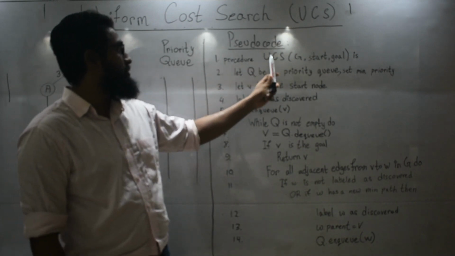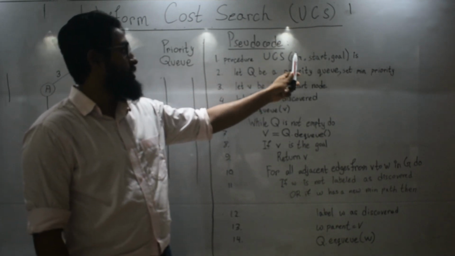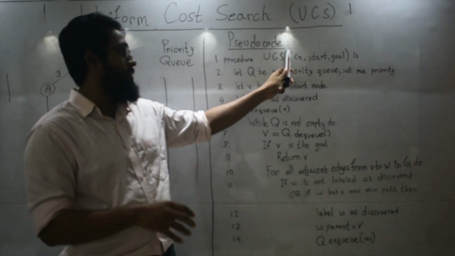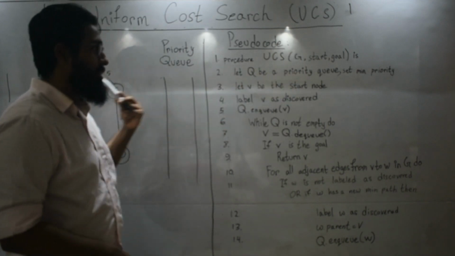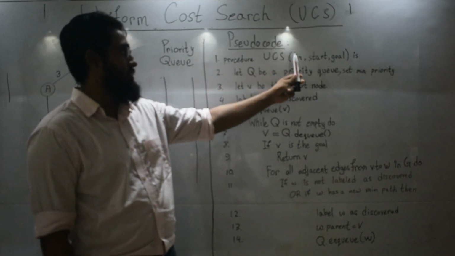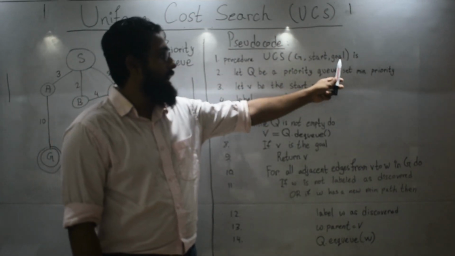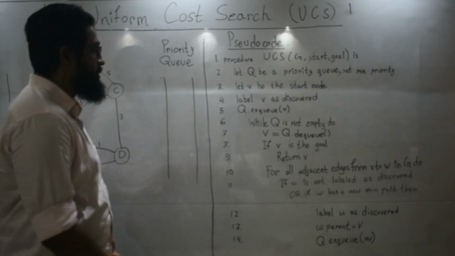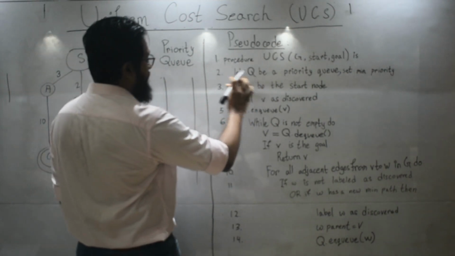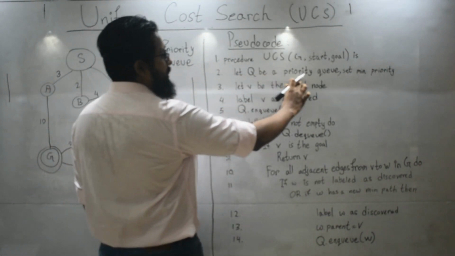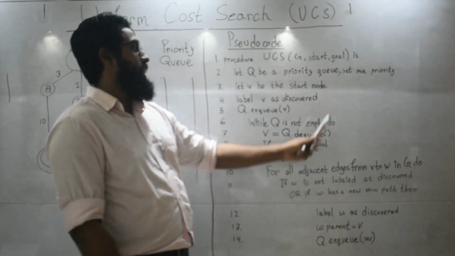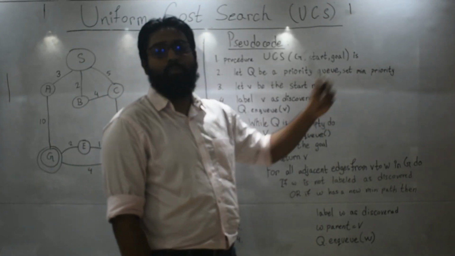So procedure, uniform cost search. You pass your graph G, graph or tree, whatever is in your search space, the start node and your goal node. Okay. So let Q be a priority queue and set minimum priority.